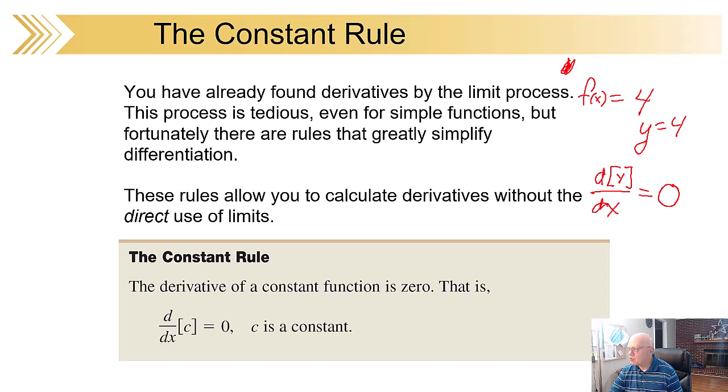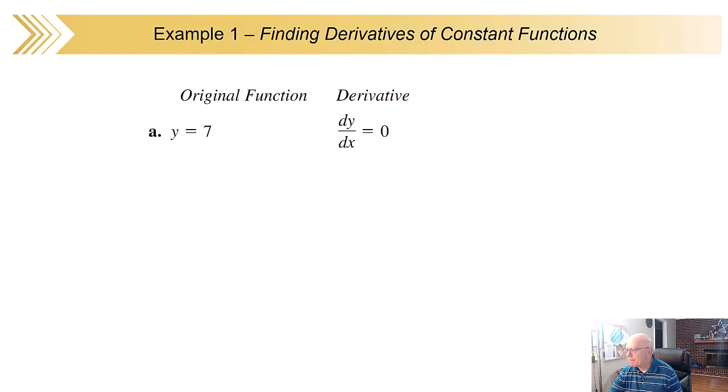Well, there's several ways you can look at it, but remember, calculus is all about change. And if y is always 4, there's no change in the y value. And we're talking about changes in the y value. So anytime that you've got a constant function like this, even if it's 14 or 143, the derivative is still 0, because there's no change in y when you go from one point to another.